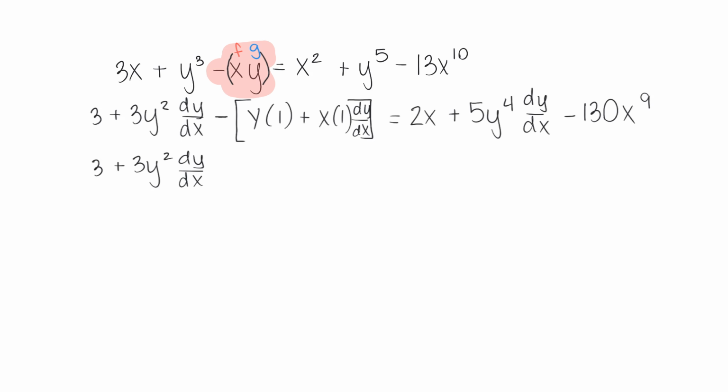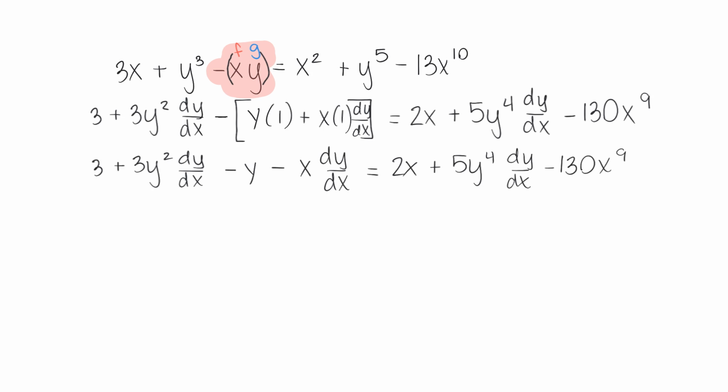And then here, I'm going to do my multiplying and distribute this negative. So that's going to leave me minus y minus x dy/dx equals 2x plus 5y to the 4th dy/dx minus 130x to the 9th.